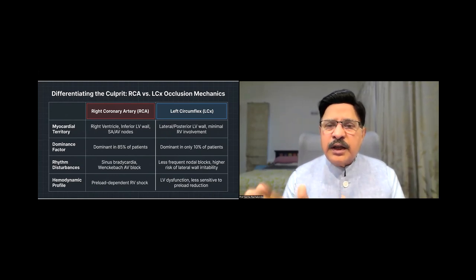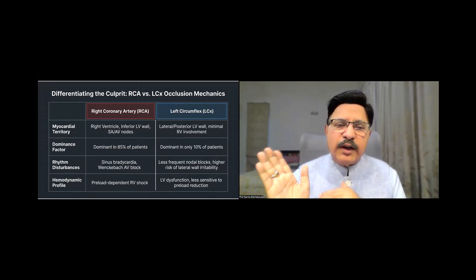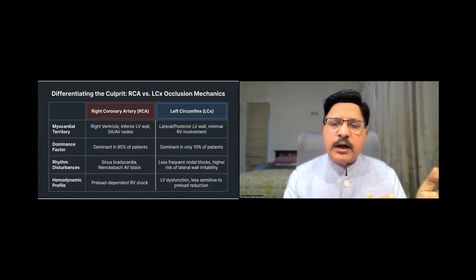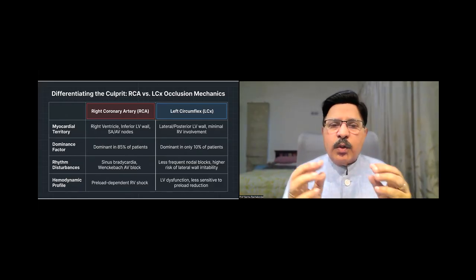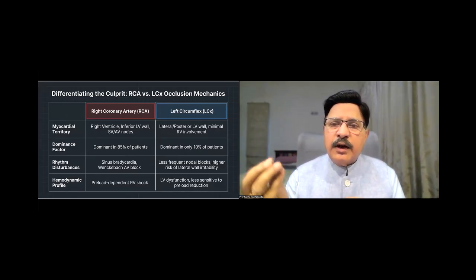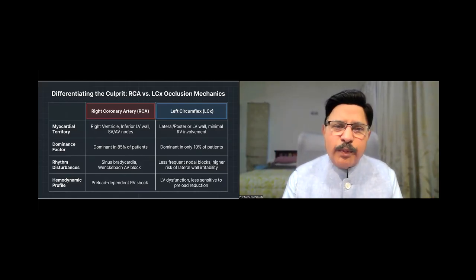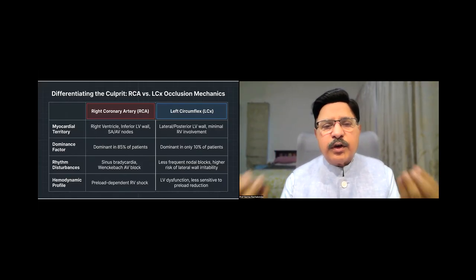Left circumflex: lateral, posterior left wall, and minimal right ventricular involvement. Dominance factor: in 85% of the patients, right coronary is dominant compared to the left circumflex. Only in 10% of patients, left circumflex is dominant. In the remaining 5% of patients, co-dominant, both right coronary and left coronary.